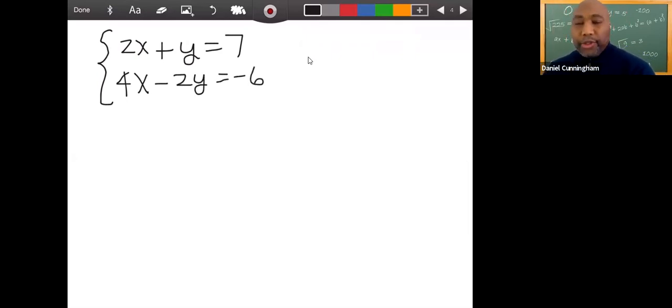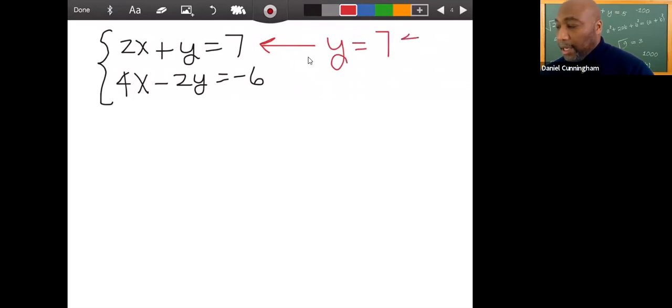So the first step, step 1, is decide which equation you want to rewrite in terms of x or y. In this case, I'm going to use the top one. I don't have to, but I'm going to use the top one and solve in terms of y. Y is equal to 7 minus 2x.